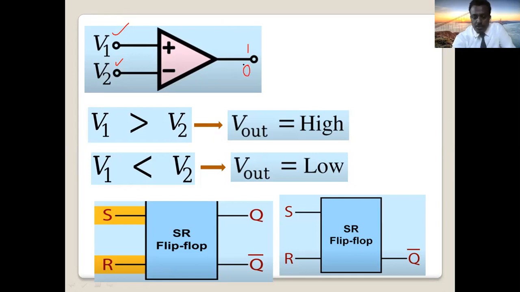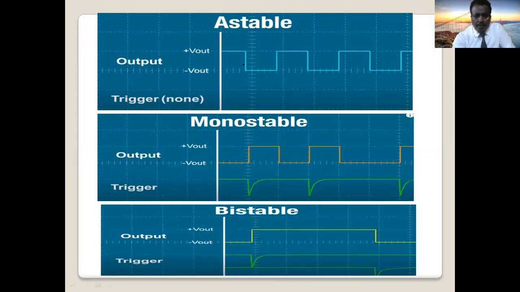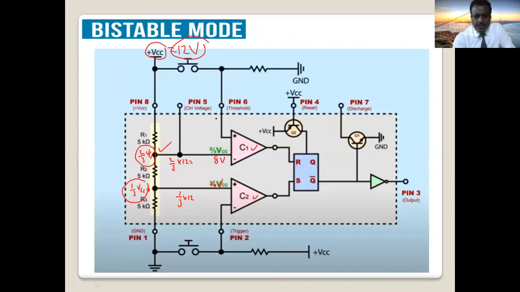This is how a comparator works. In this case, 8 volts comes to the negative terminal of comparator C1, from the battery divided into 2/3 by these resistors.